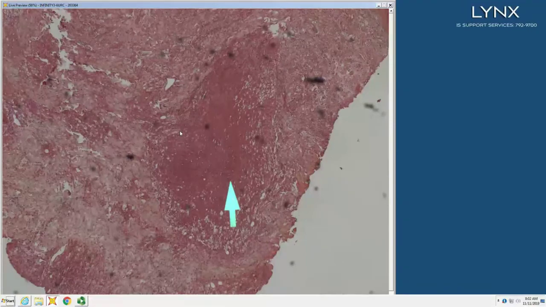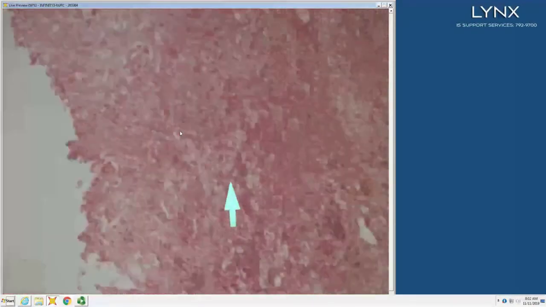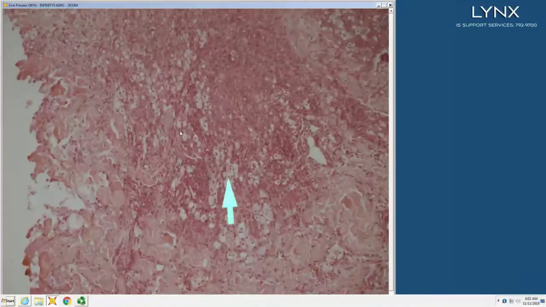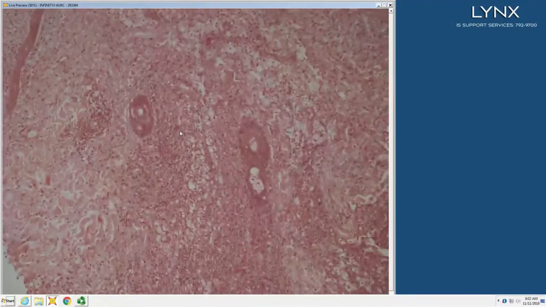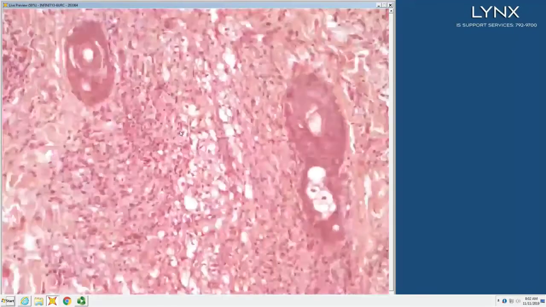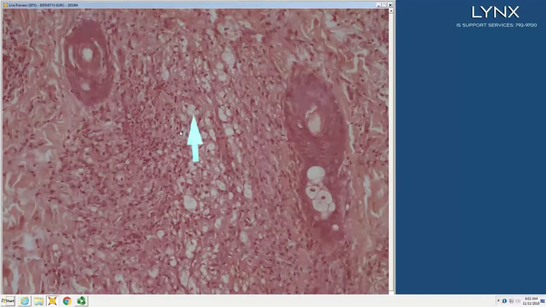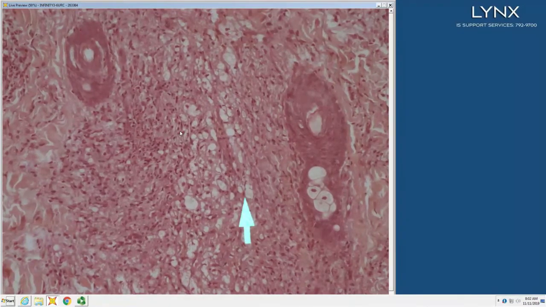Necrosis, neutrophils. Is it ecthyma gangrenosum? Too many inflammatory cells for an ecthyma gangrenosum, but what are these structures? Globi. So this, with all the neutrophils, is ENL, erythema nodosum leprosum.